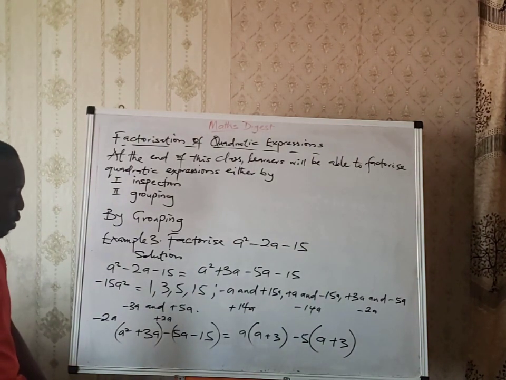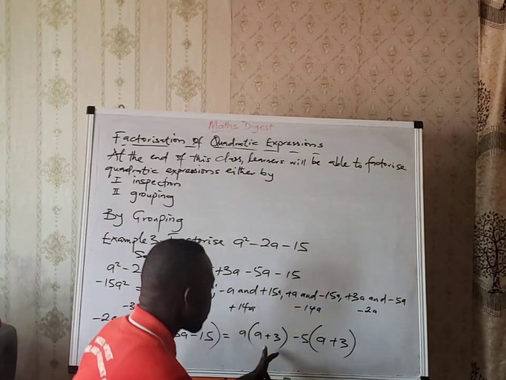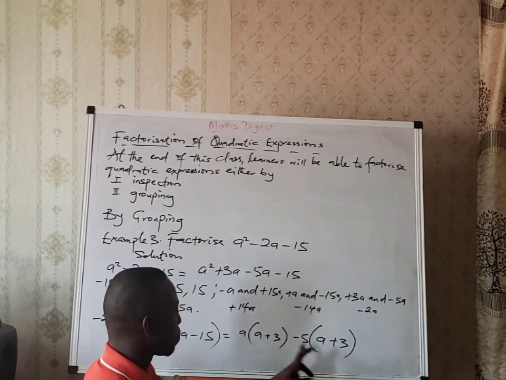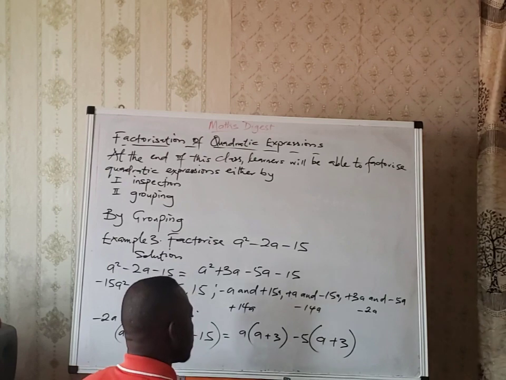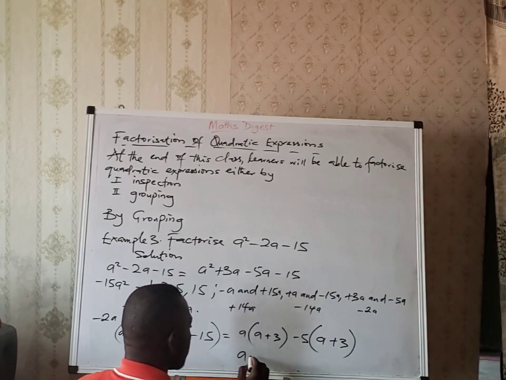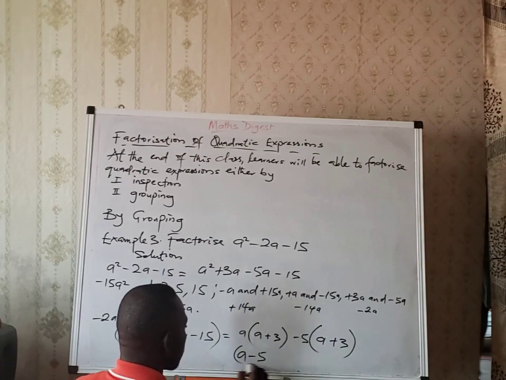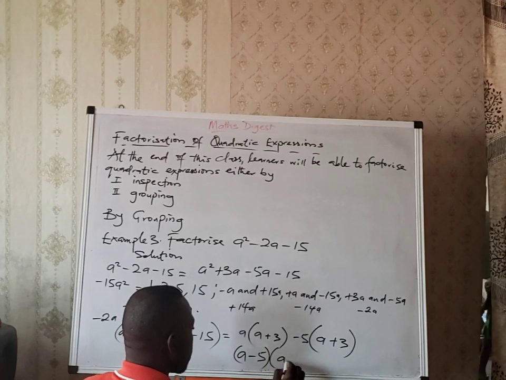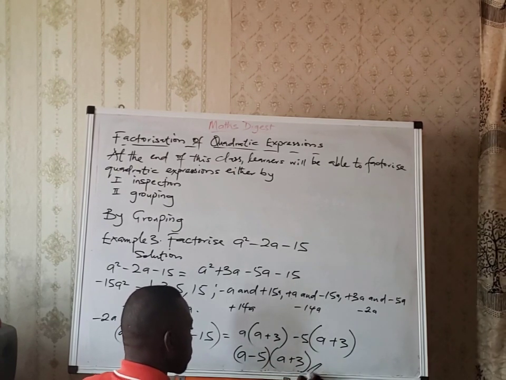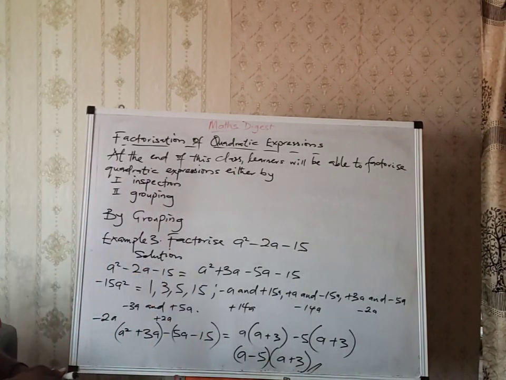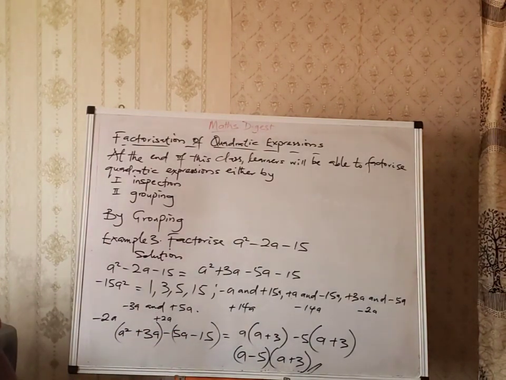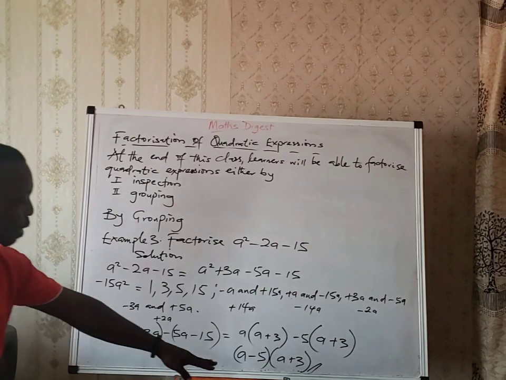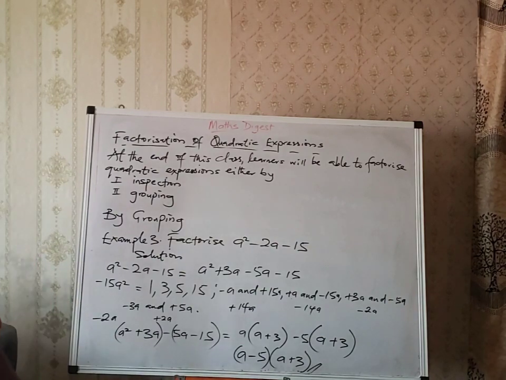Now with this, we see that we have a common expression in the bracket. So we have a minus 5 and a plus 3. These are the desired expressions we are looking for by grouping.